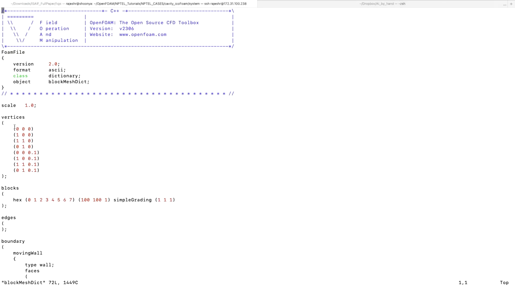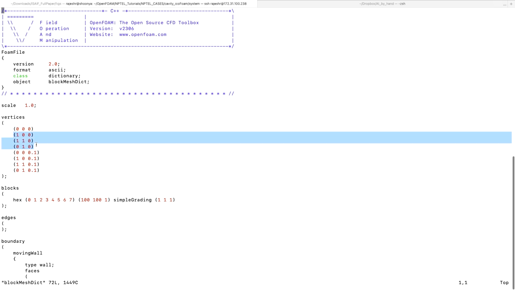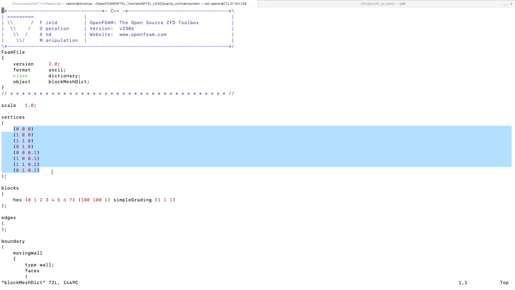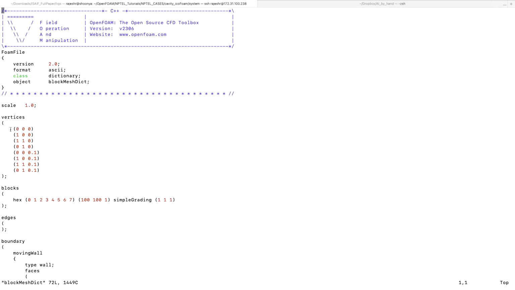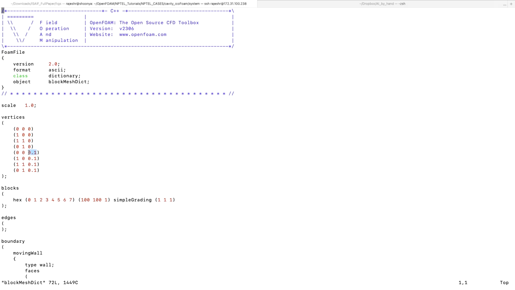Here, if it is 2D, you could have just 0 0, 1 0, 1 1 and 0 1, that will give you 4 vertices. But because of the 3-dimensional setup honored by OpenFOAM, we will be using coordinates in 3 dimensions, and you can see that the width in the third dimension is just 0.1. So, all the flow is happening in 2D only.